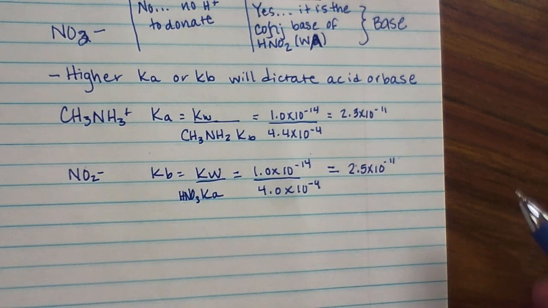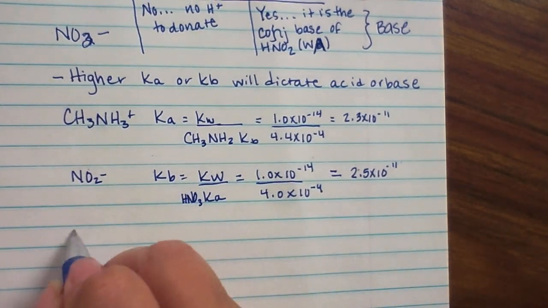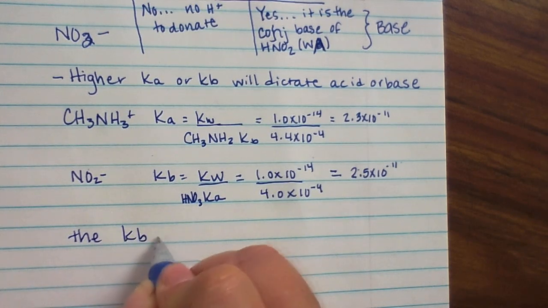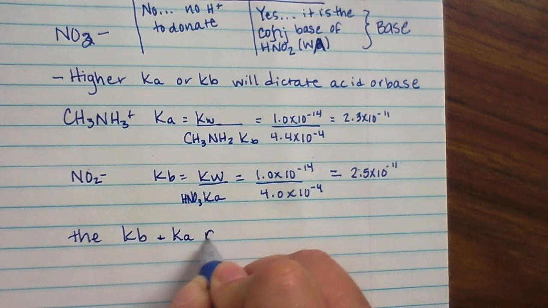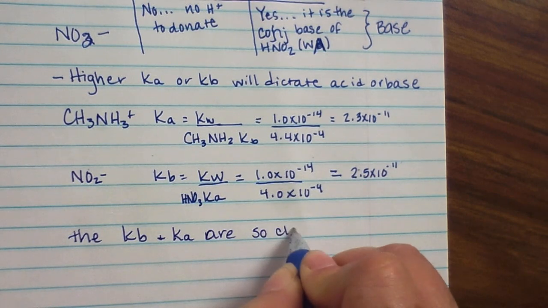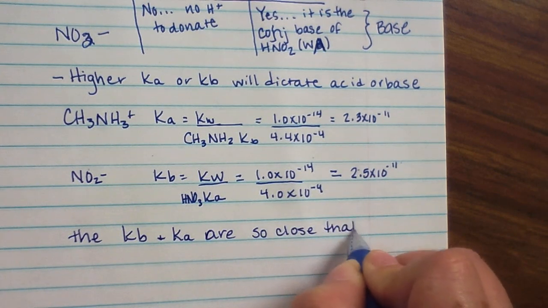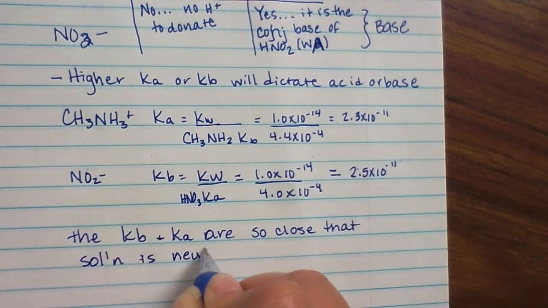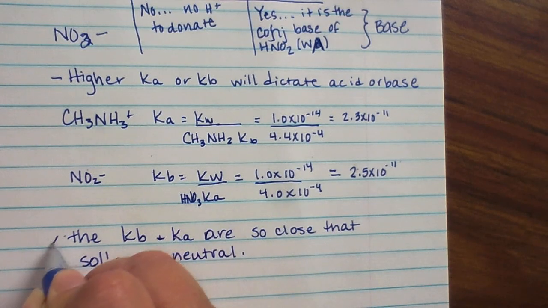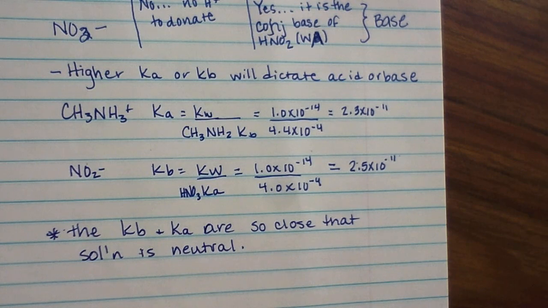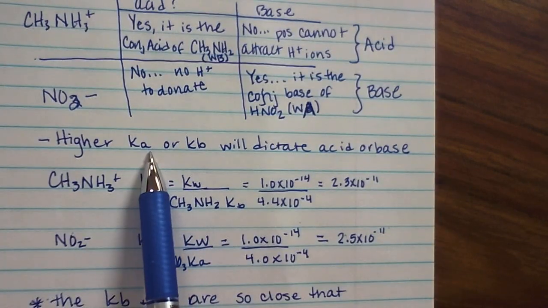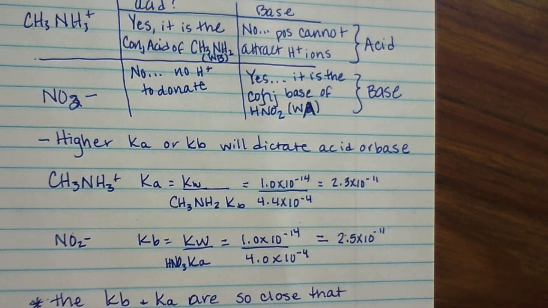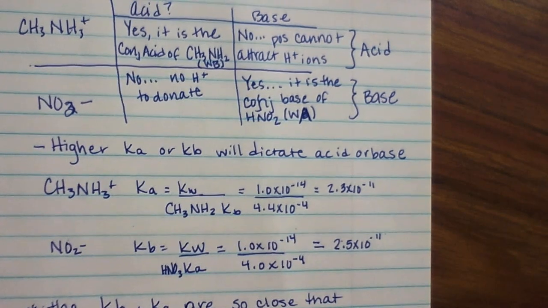But in this case, the proper answer, just so we're clear, is that the Kb and Ka are so close that the solution is neutral, even though one is higher. And again, the higher Ka or Kb is going to dictate whether the solution is acidic or basic.